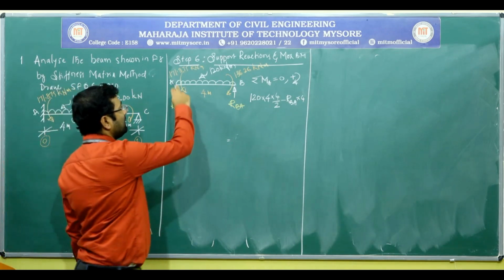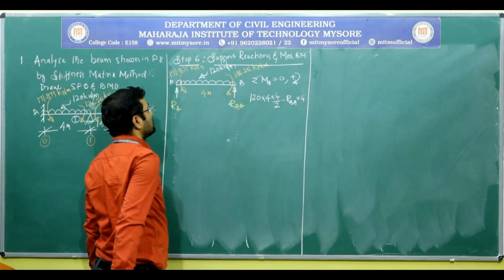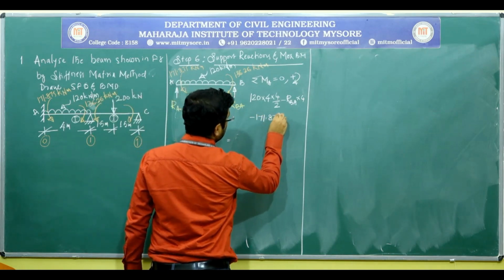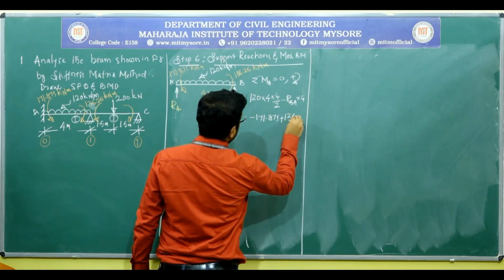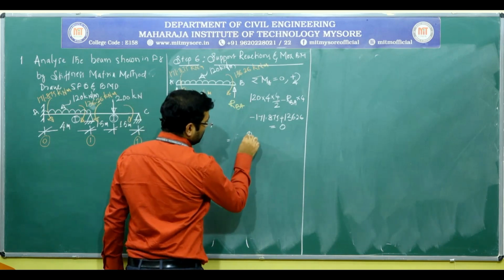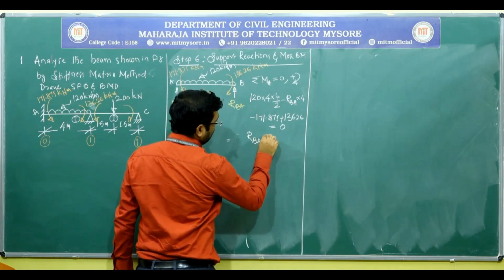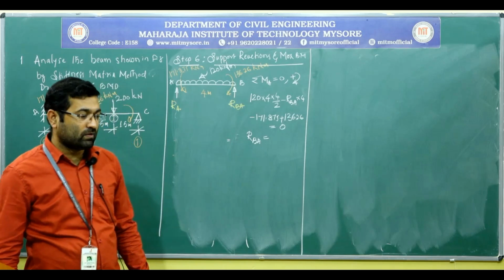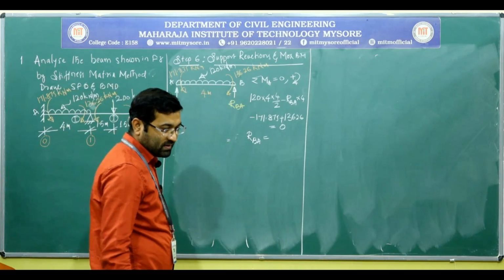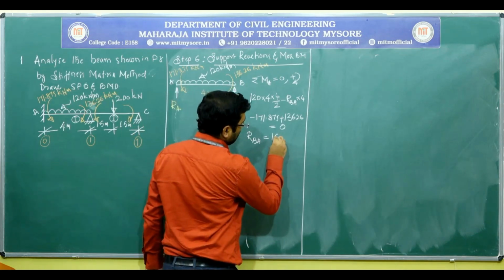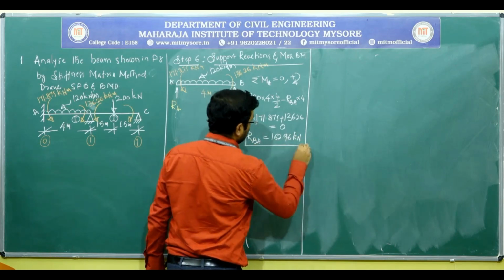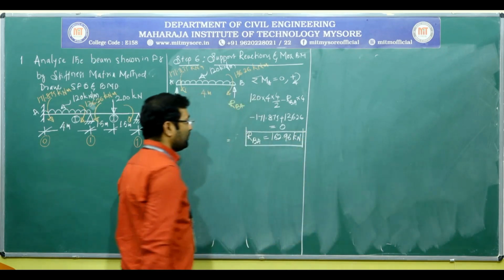Apart from this, we have one anticlockwise moment and another clockwise moment. So, minus 171.875 plus 136.26 equals 0. This gives me the reacting component at B, RBA, as 162.96 kilonewtons.